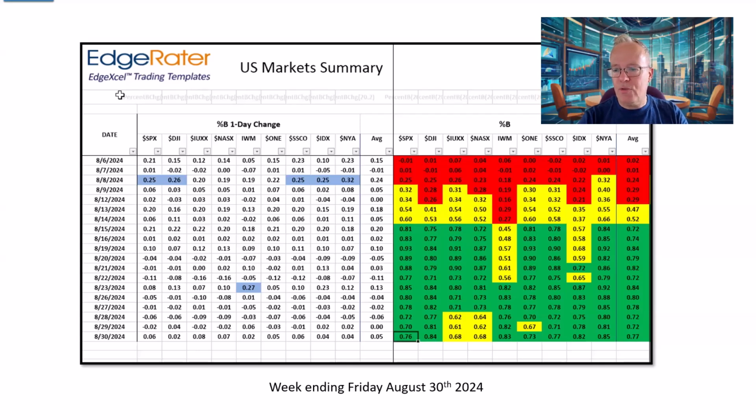And we produce this report. There have been 5 trading days since last weekend, and they have pretty much all been green. So we were in the red area.